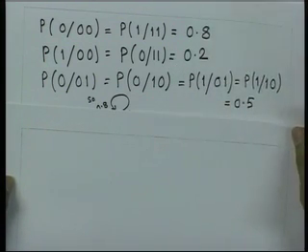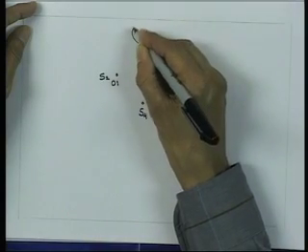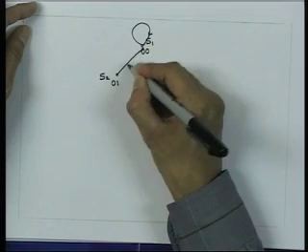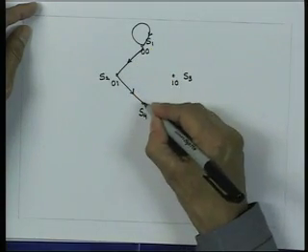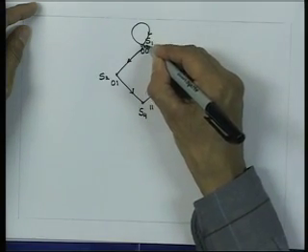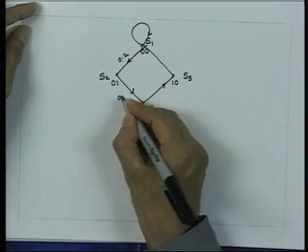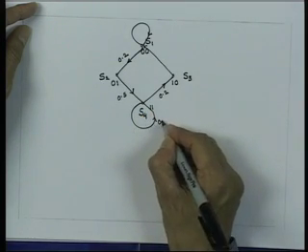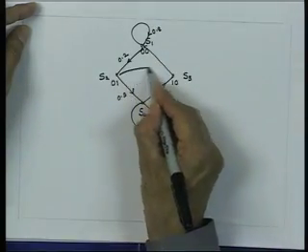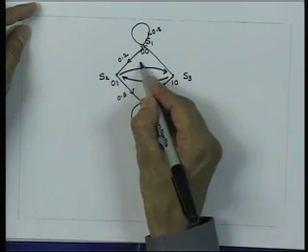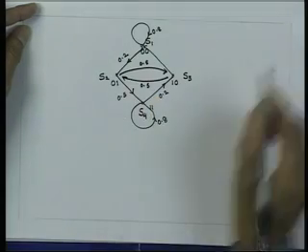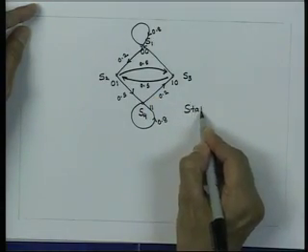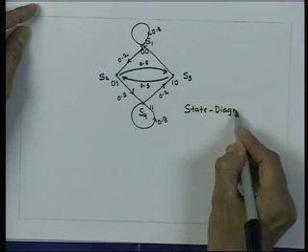For this, we can draw the state diagram very easily, as I have 4 states S1, S2, S3, S4, and the state diagram for this is as follows. We had drawn the same diagram earlier too.